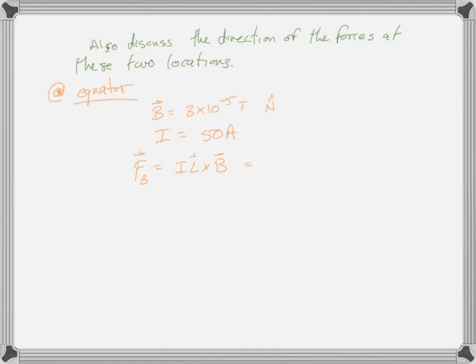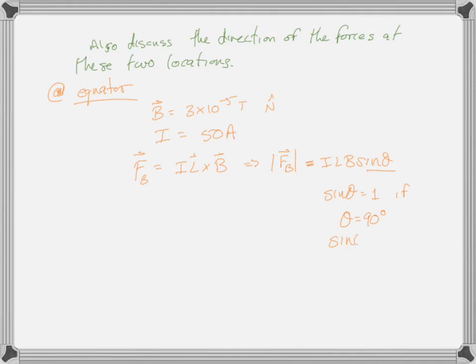Well, we can figure that out by looking at the magnitude of the force, which is I L B sine theta, and that's going to be a maximum or minimum depending on the angle between the wire, L, and the magnetic field, B. And we know that sine theta is a maximum, equal to 1, if theta is equal to 90 degrees.